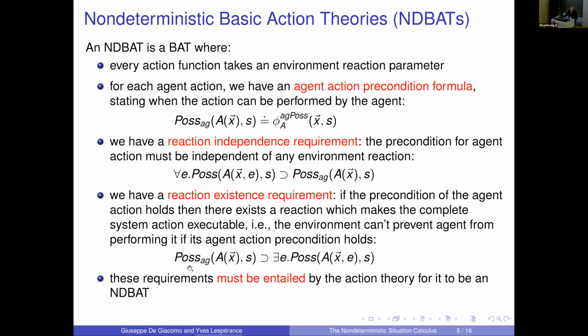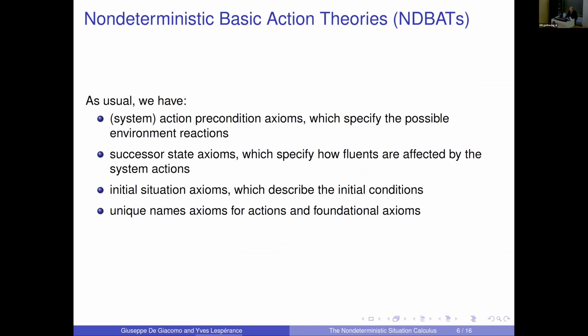The second requirement is reaction existence: if the action is possible for the agent, then there must be some reaction. So whether the agent can do it is independent of what the environment might do. These requirements must be entailed by the action theory to have an NDBAT.